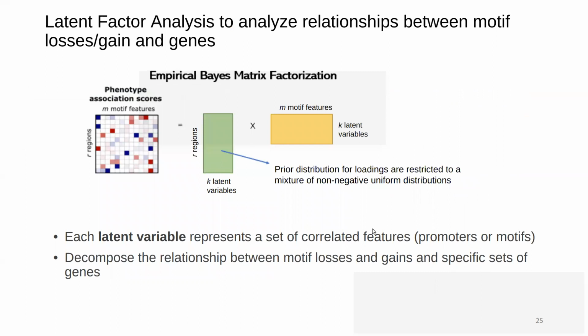Now, in order to dive deeper into the full region by motif matrix, we decided to put it through a latent variable analysis, which decomposes all of the diverse associations between motifs and regions, and we use empirical Bayes matrix factorization to do this.